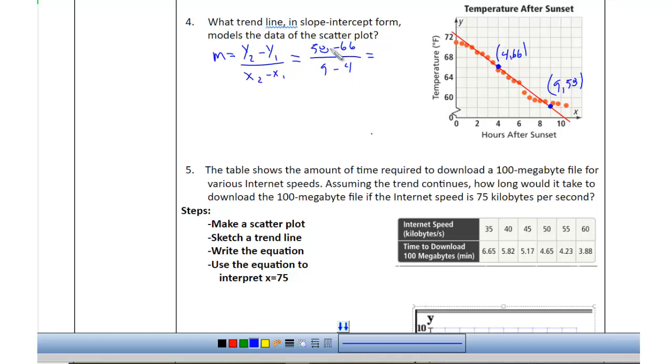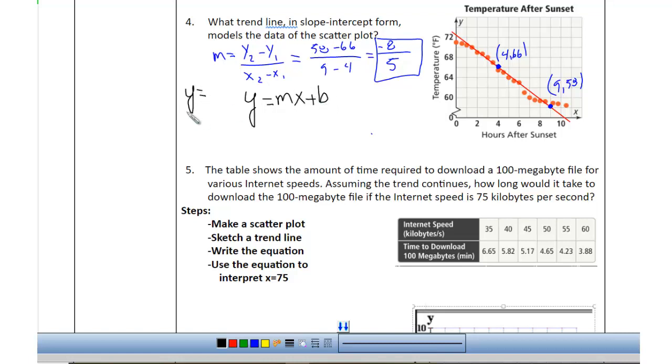So that's going to be 58 minus 66. That's negative, that's going to be 8. And 9 minus 4 is going to be 5. So I get a slope of negative 8/5. And we'll go ahead and set up our equation, mx plus b.